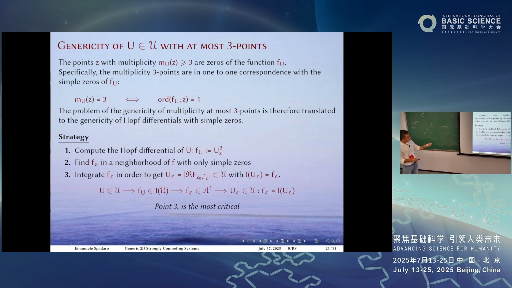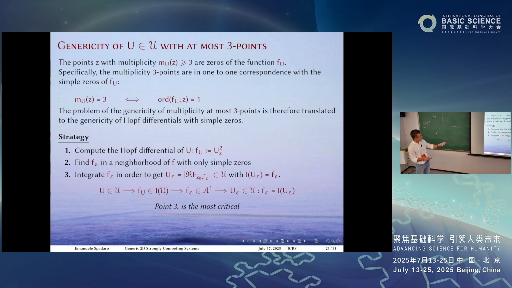So we start from U and we take its Hopf differential, f of U. Then we modify f of U in a neighborhood of it. So we would like to find an f epsilon such that to this f epsilon we can associate a solution U epsilon.